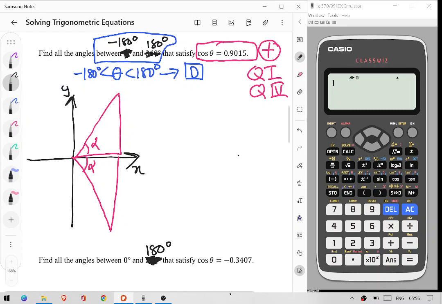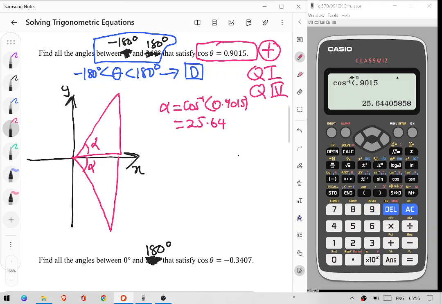Now, what is alpha? Very easy. Alpha is just the inverse of the trigo function. So cos inverse of 0.9015, and the answer is 25.64.